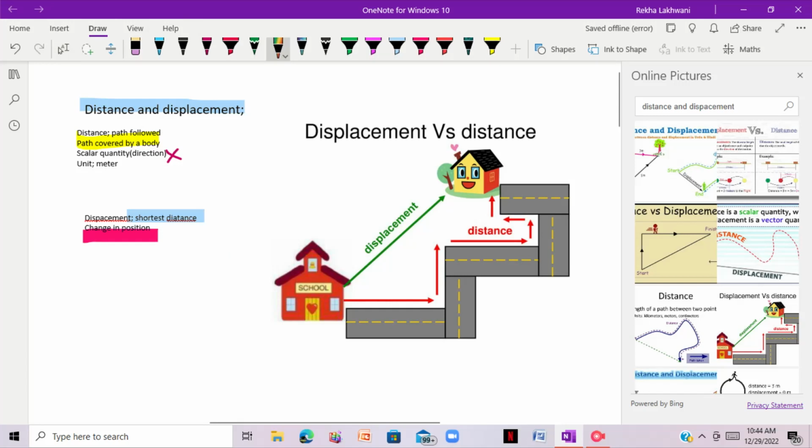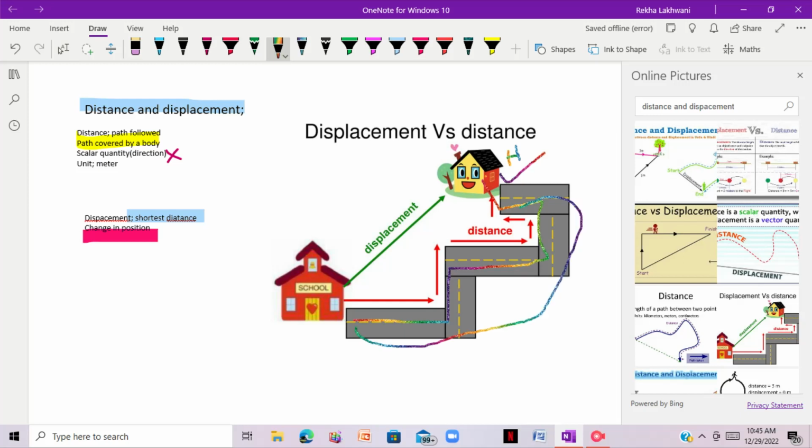The path which I followed is known as my distance. Now what is displacement? As I said, displacement is the shortest distance. I can go directly from here to here, and that is known as my displacement.